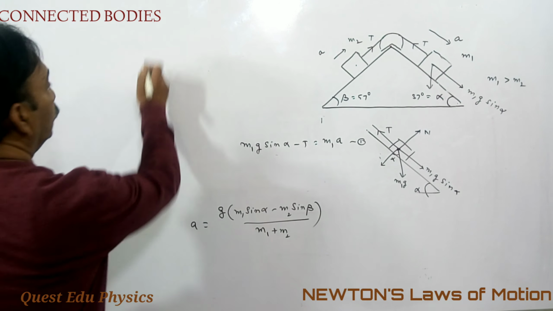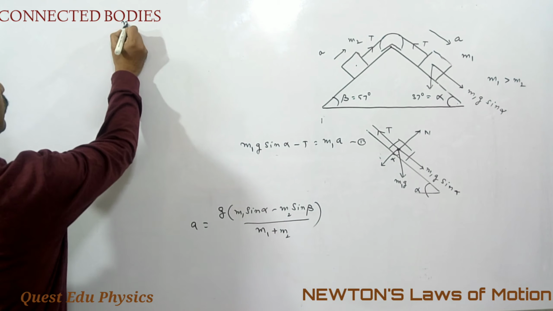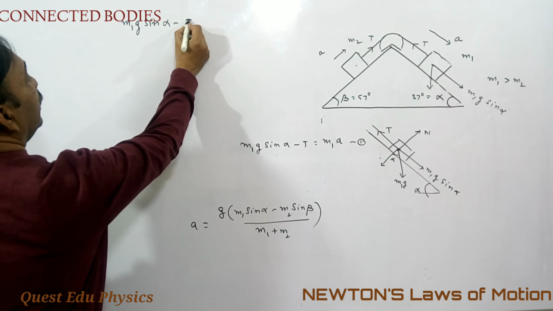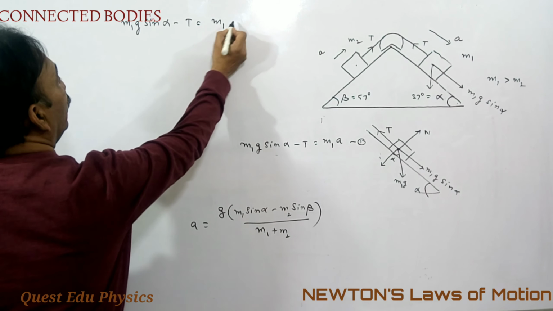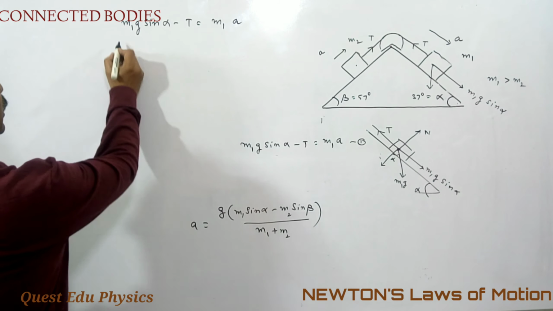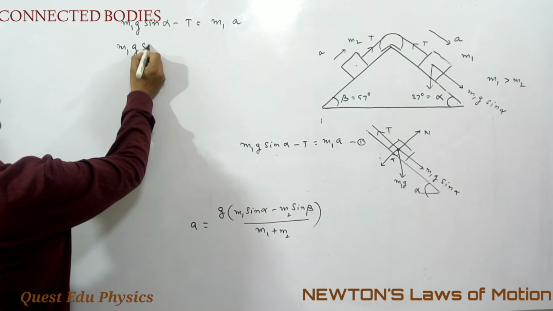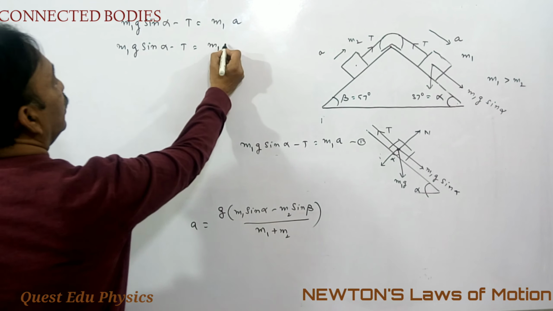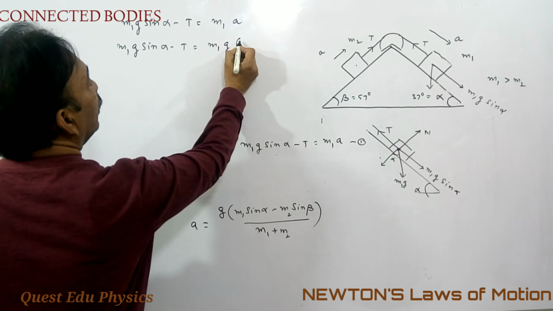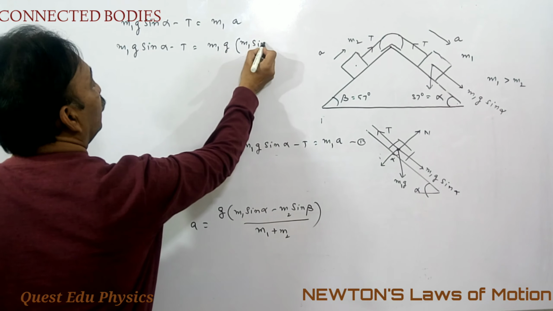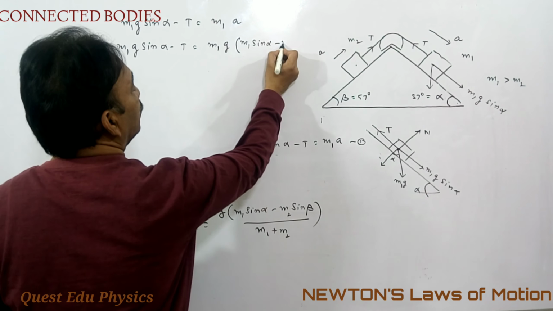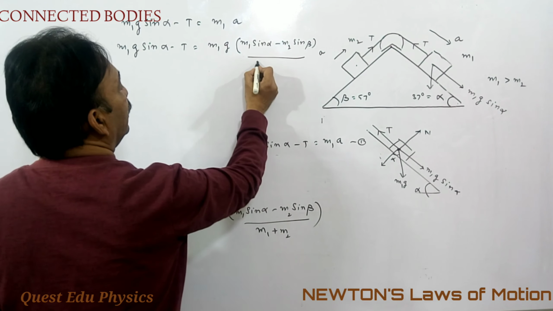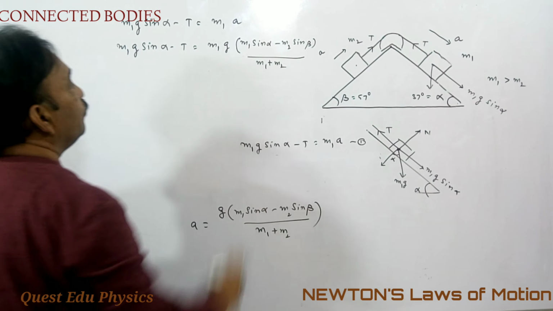Okay, we are substituting the value of a in the relation m1g sine alpha minus T is equal to m1a. Then it can be written as m1g sine alpha minus T is equal to m1 of g into m1 sine alpha minus m2 sine beta divided by m1 plus m2.